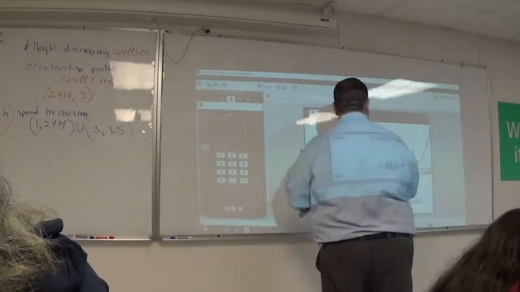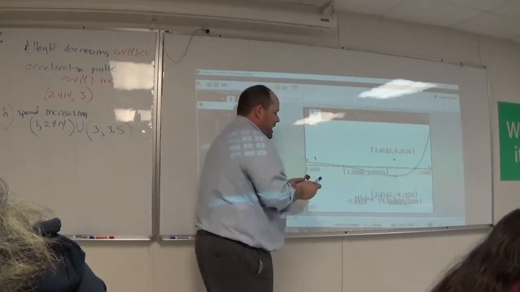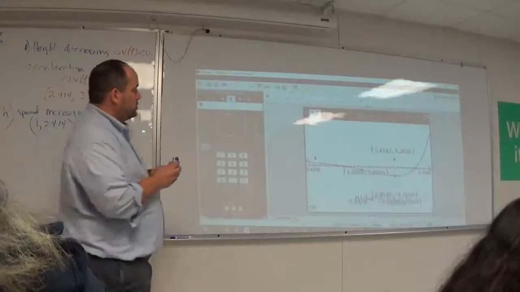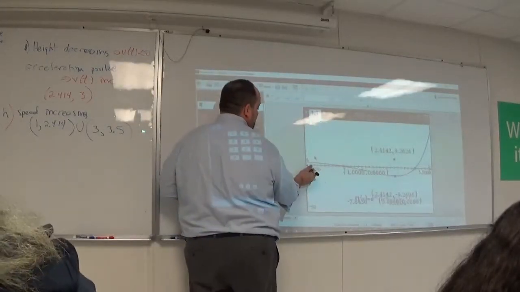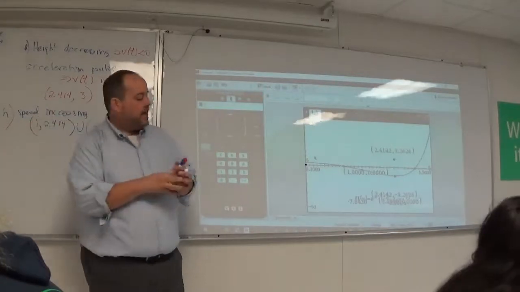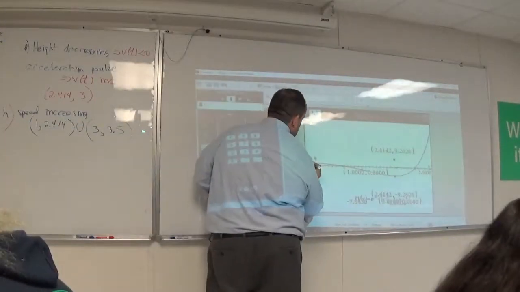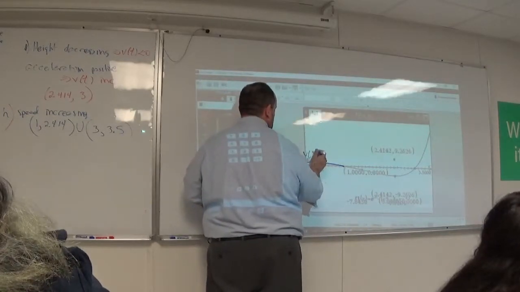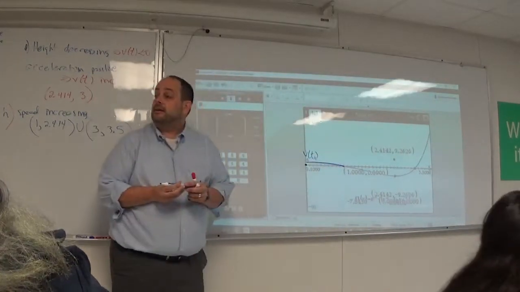Just position. I want height above the ground. What we're told in the beginning is that the cat's height at the very beginning is 0, it's on the ground.